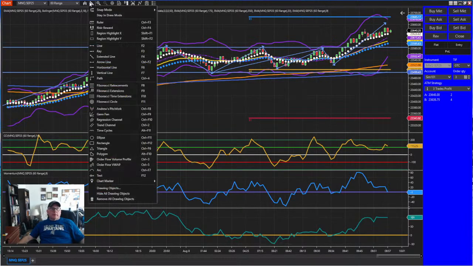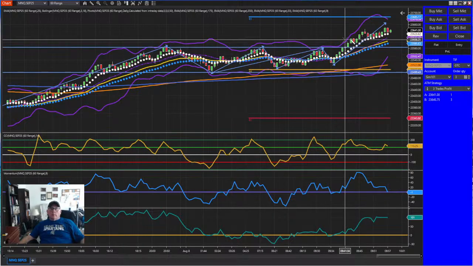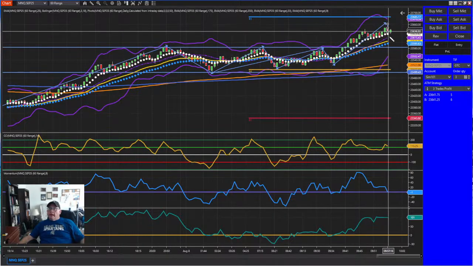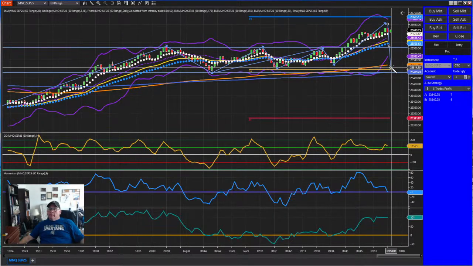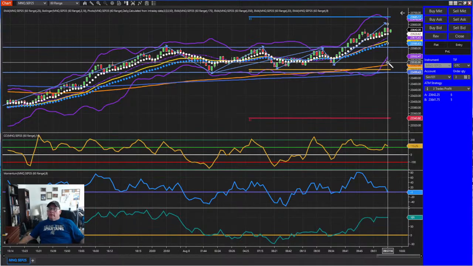Very tempting, but I'm trying to look for proof. But we could have a mean regression. You can see here's the orange and there's the blue, there's the pivot.